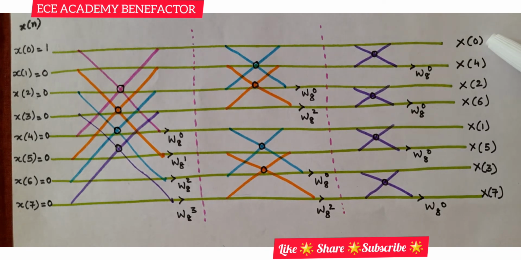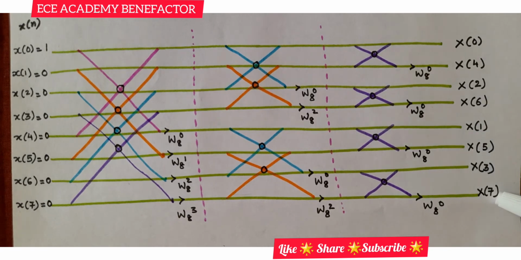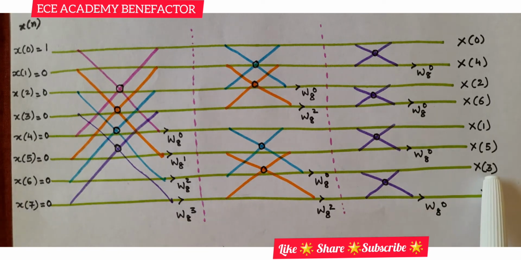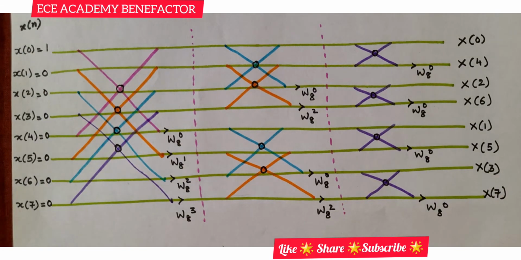So it is capital X of 0, capital X of 4, X of 2, X of 6. Okay, and then X of 1, X of 5, X of 3 and X of 7. So very important to be understood here is input is small x of n and output is capital X of k with the bit reversal. Input is in the natural order.